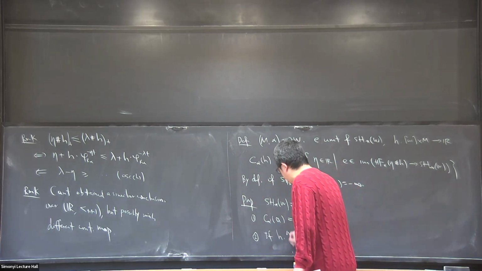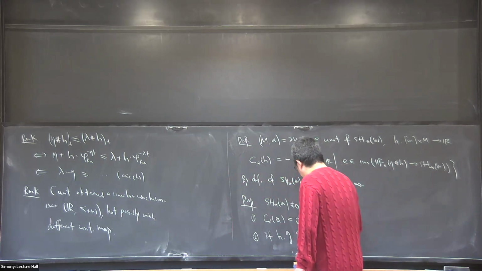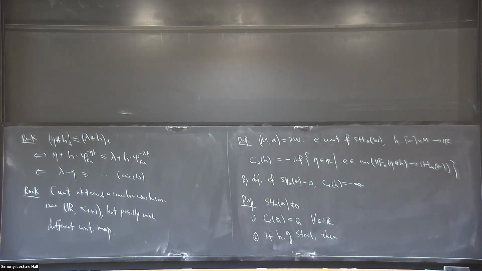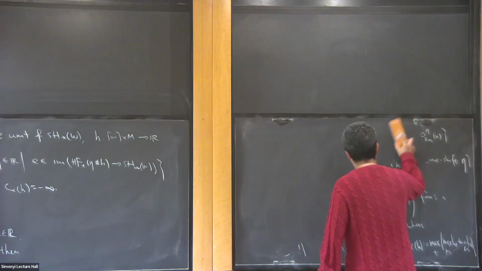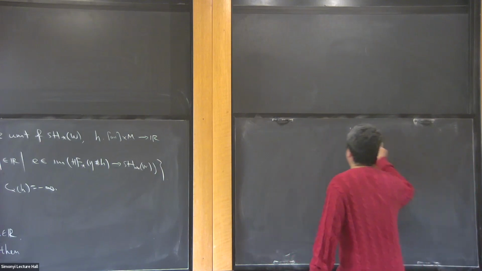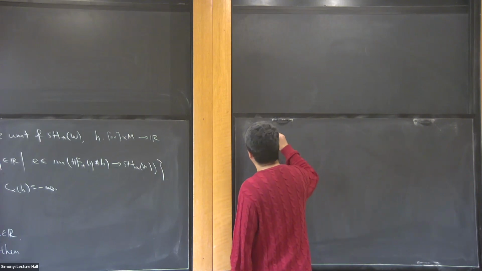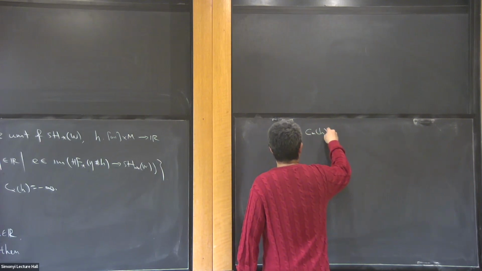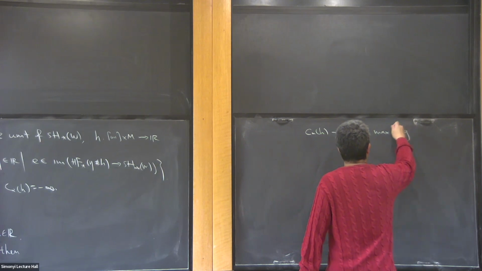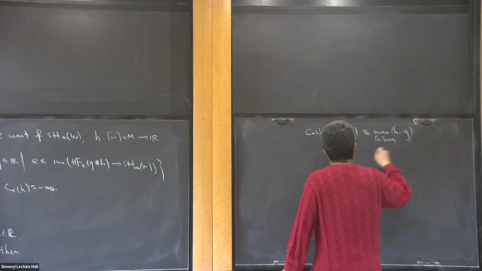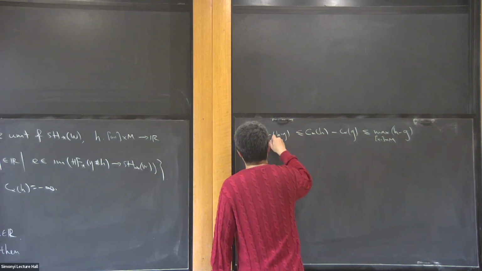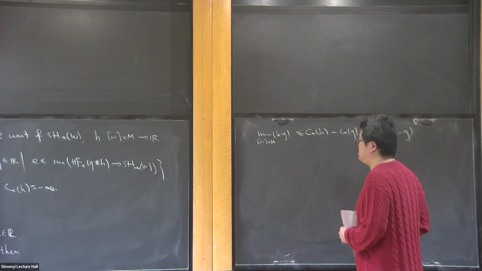If H and G are strict, then you have the following: c_alpha(H) minus c_alpha(G) is smaller than the max of H minus G over the manifold and bigger than the minimum of H minus G. We have a stability here.